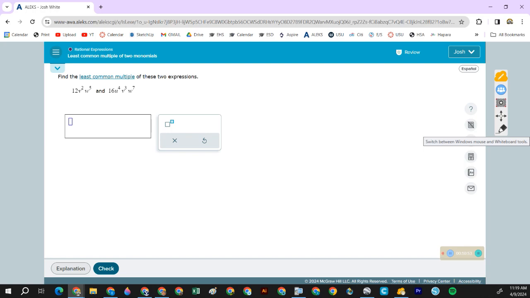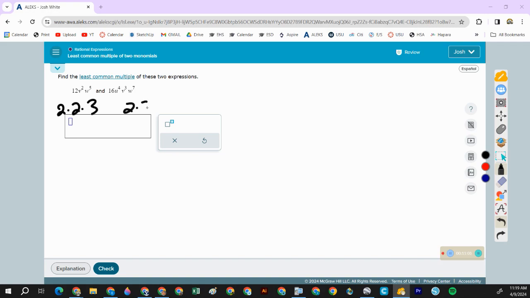All right. Least common multiple. 2 times 2 times 3, and 2 times 2 times 2 times 2. So I need all of the 2's, 2 to the 4th, and a 3. And how many u's do I need?